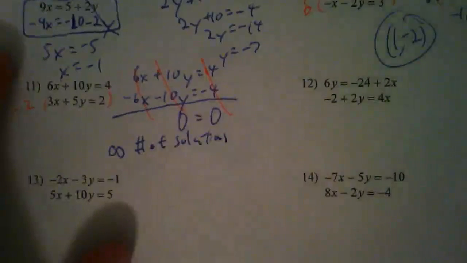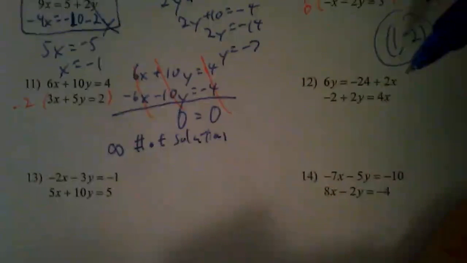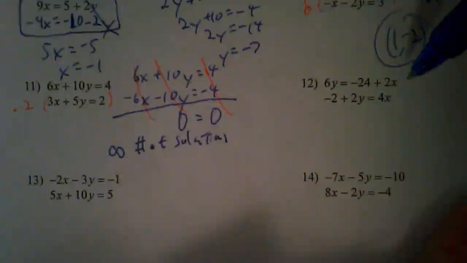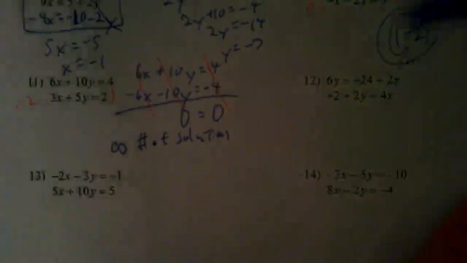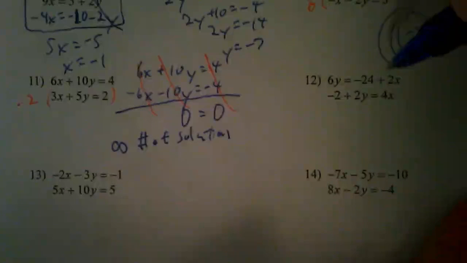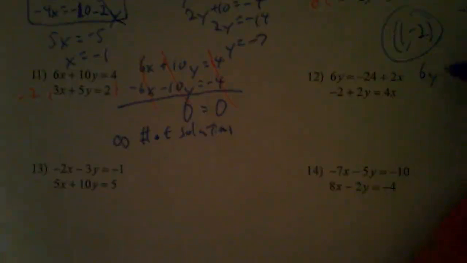On number 12, again, needs some rearranging. I think I'm going to just rearrange the top one by bringing this 24 over to the other side. 6y equals, not equals.